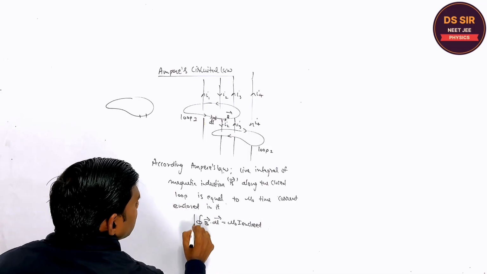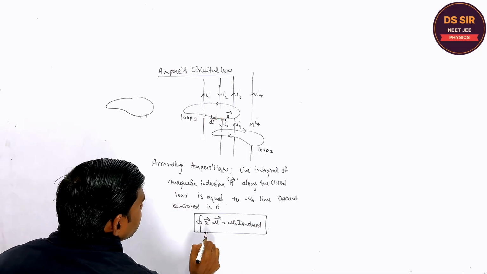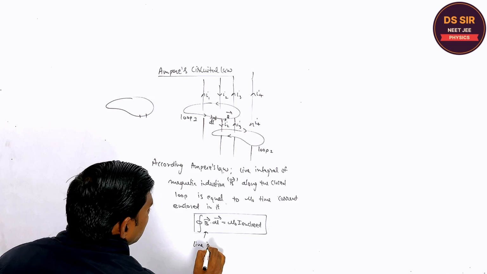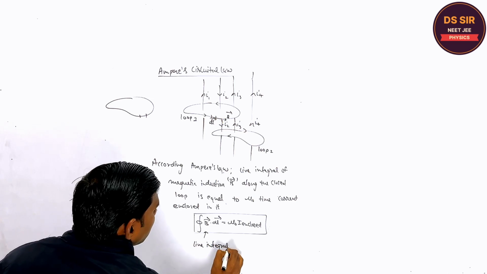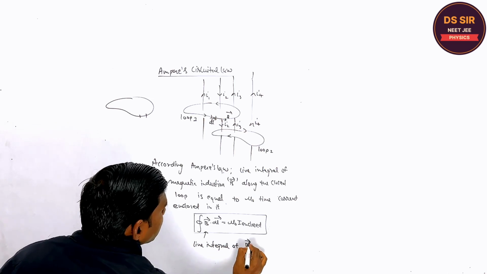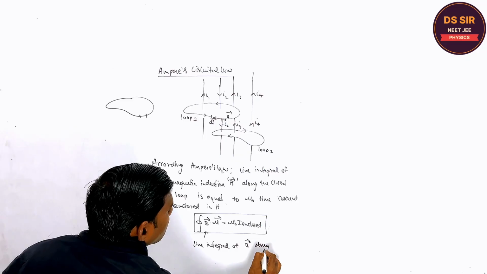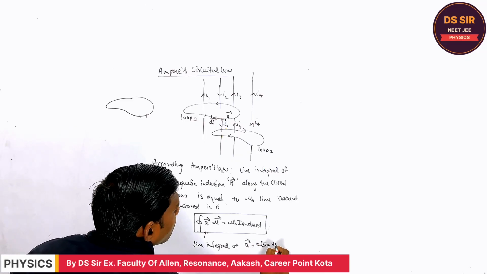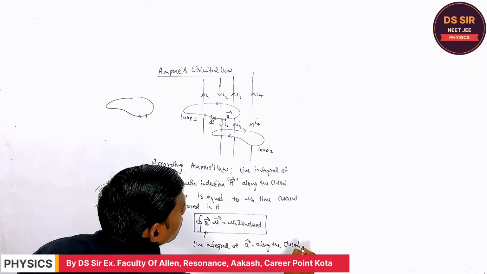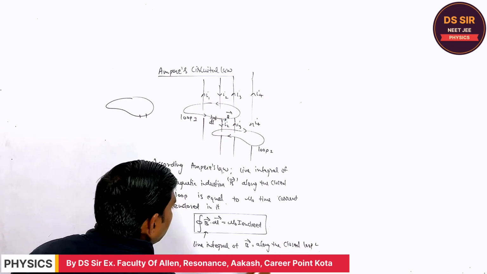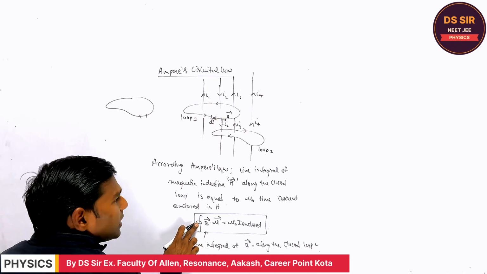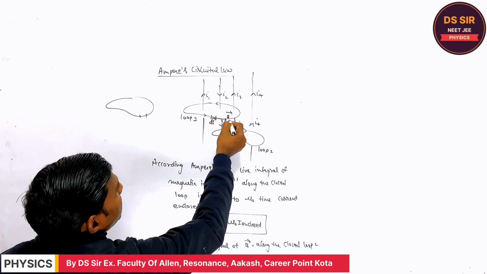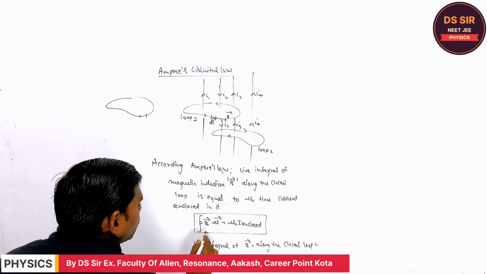What is this? This is the line integral of B along the path or along the closed loop L. This circle represents that we are finding the integration for a closed loop.